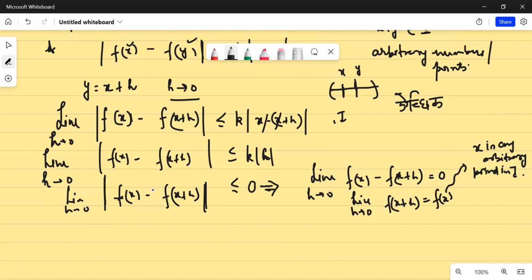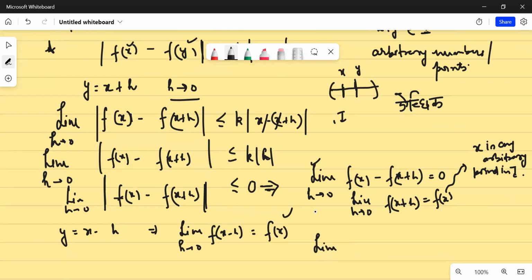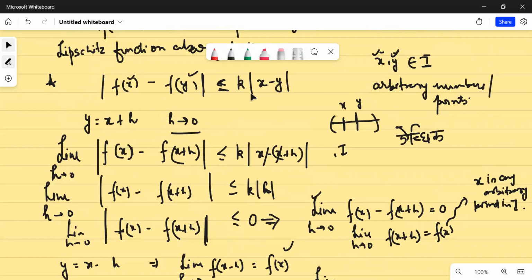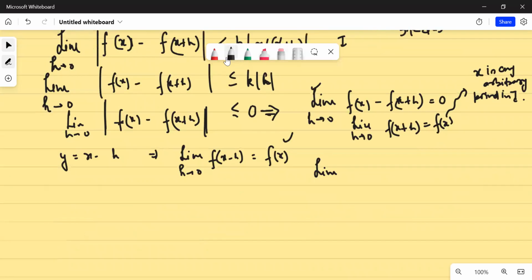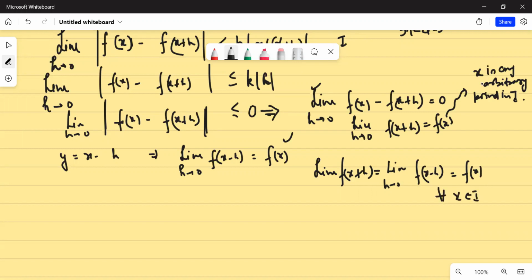And similarly, if I do the same step for y equal to x minus h, I will get that limit h tends to 0 of f(x minus h) is equal to f(x). So if I summarize, for this Lipschitz function, which satisfies the property that modulus of f(x) minus f(y) is less than or equal to k modulus of x minus y, the limit of f(x plus h) and f(x minus h) as h tends to 0 are both equal to f(x) for all x belonging to I, because it is true for any arbitrary x.